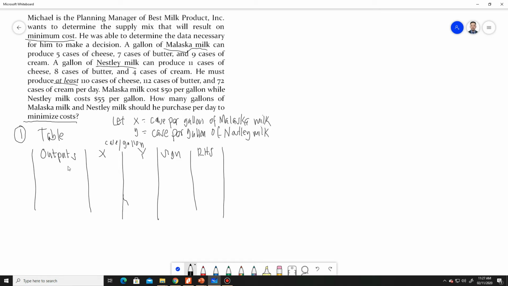So let's read this. It says a gallon of Alaska milk, which is x, can produce, there are 3 outputs, cheese, butter, and cream. So we write for the constraint part, we have cheese, butter, and cream.